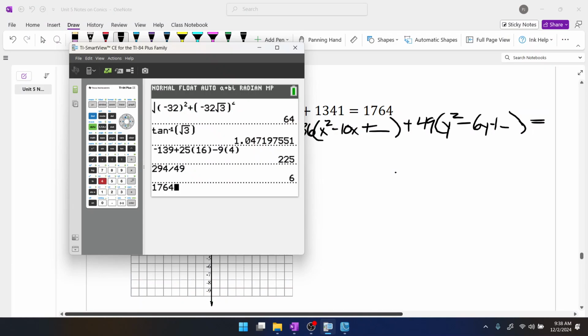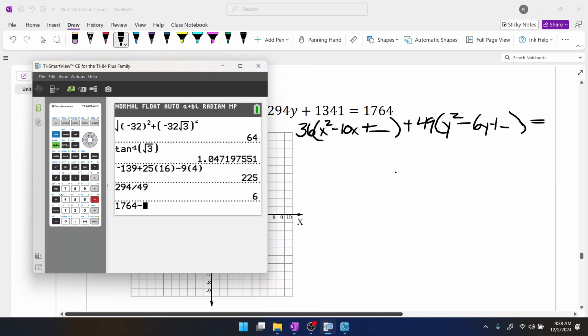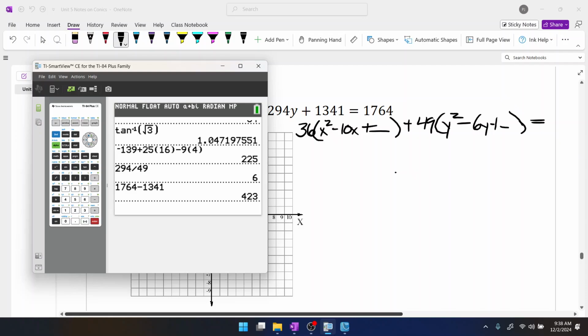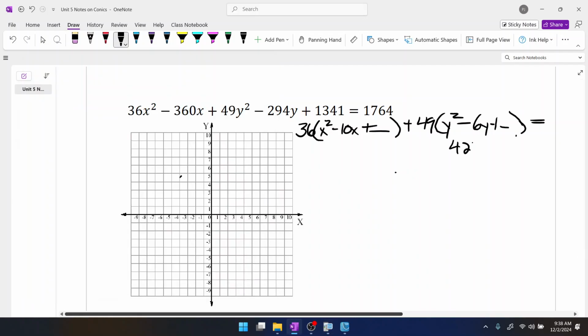1764 minus 1341. Why I put this here, I don't know, but I did, and we're doing it. This will be 423, but we're going to be adding on both sides. Adding everything. So plus 36 times 25, and 9's going to go here, plus 49 times 9.